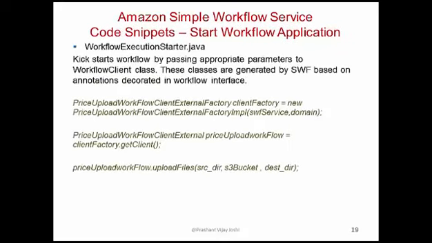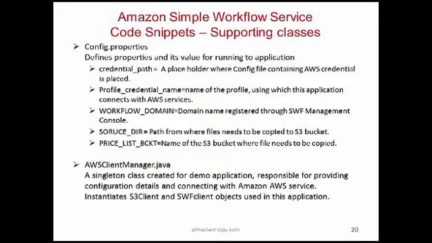This is the workflow execution starter, which is responsible for starting my workflow by passing all the objects and creating an instance of my workflow client. Some of the important supporting classes are the config property, which we'll see in the code, and then the AWS Client Manager, which is responsible for providing configuration details and connecting with AWS services like instantiating the S3 client and SWF client objects in this application.